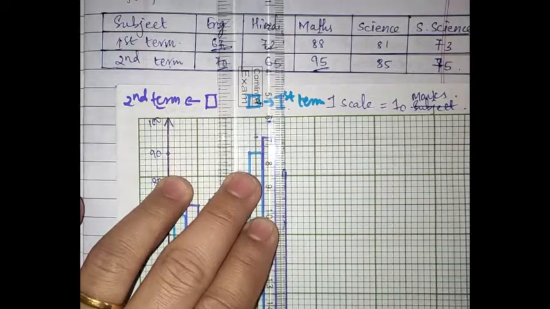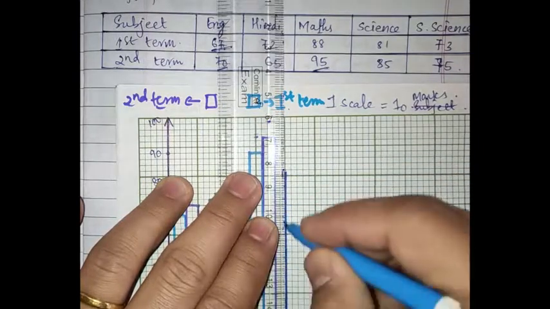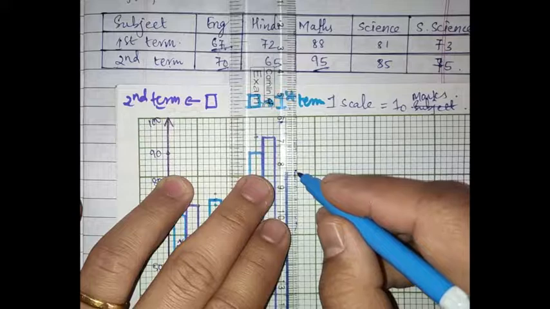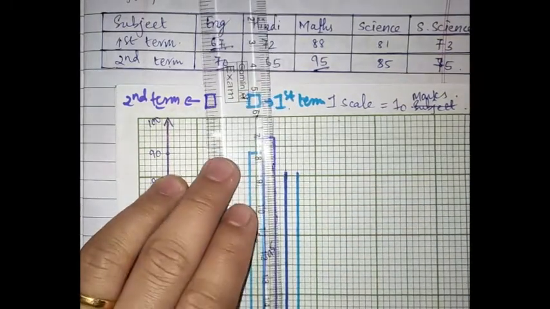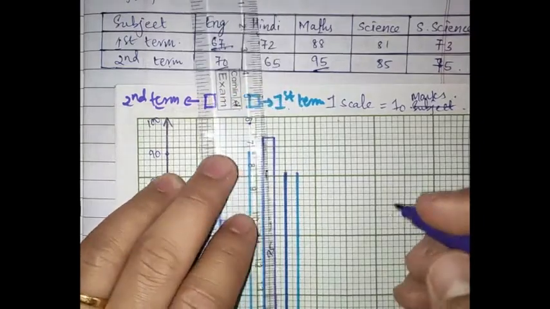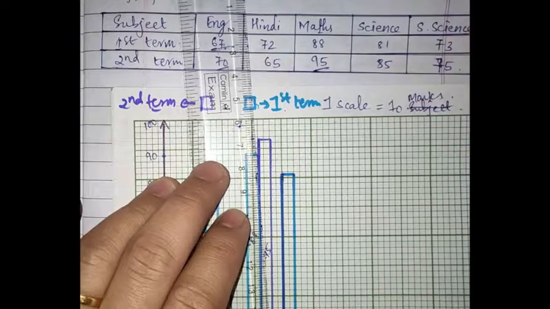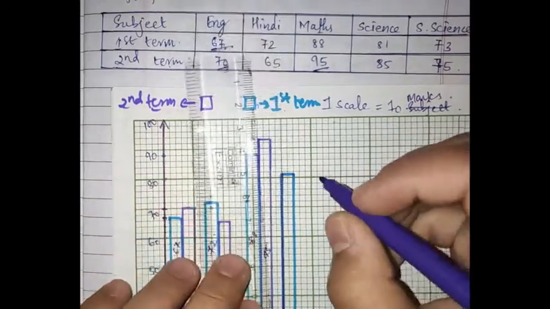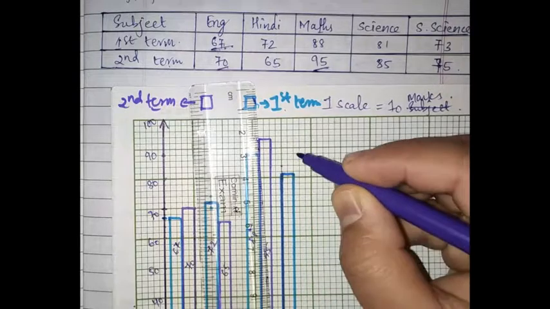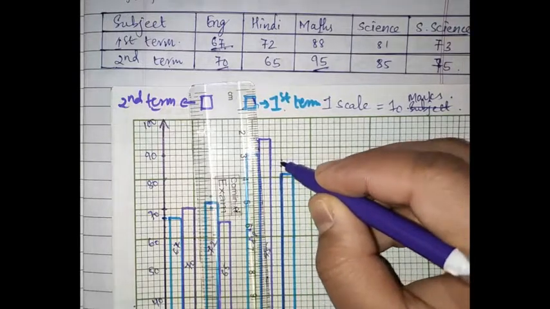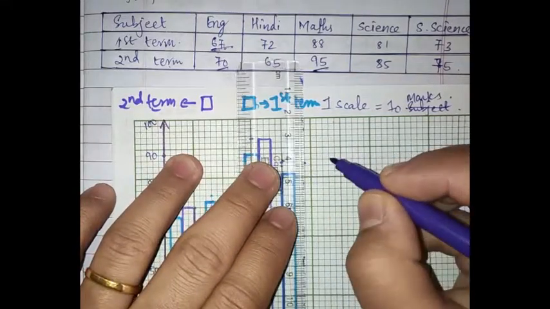Oh, extremely sorry, I have chosen a different color pencil, sorry for that. Now this is representing 81, and another one will be 85, right? 80 is over here, 82 is here, 84 is here, and 86 is here. So 85 is in between. So we are going to plot in between over here.